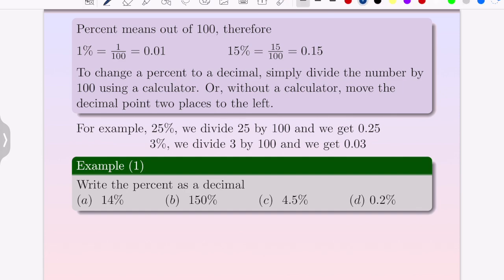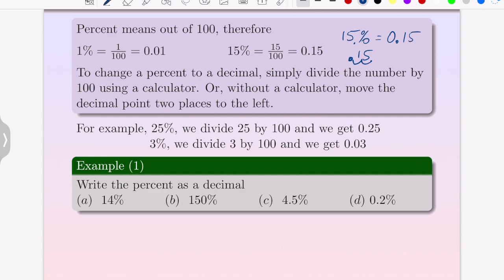What does that mean? If I have, for example, 15%, so if you have the number 15, the decimal is at the end. We can move it 1 and 2 spots, so the decimal would be here. So this is 0.15.